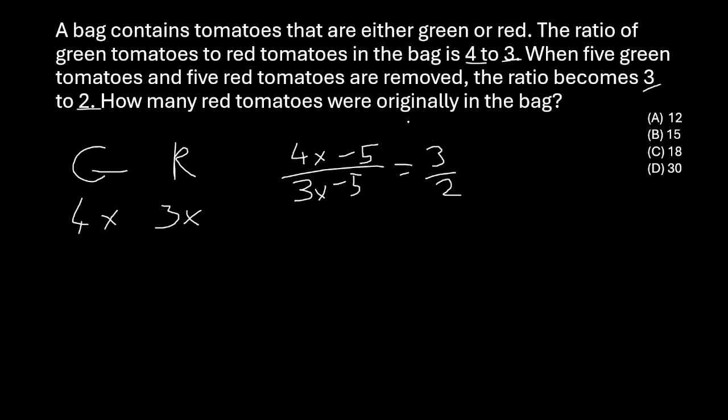We just solve this. So we multiply by the denominators. We multiply by 2, becomes 2 times 4x minus 5, and we multiply by 3x minus 5, so it becomes 3 times 3x minus 5.